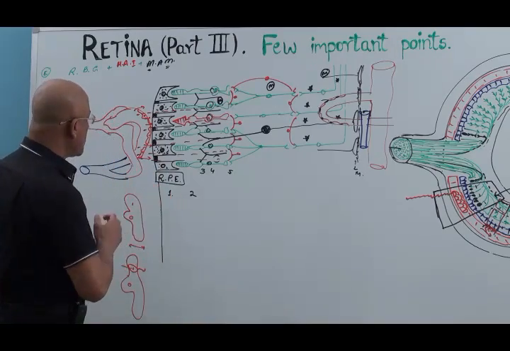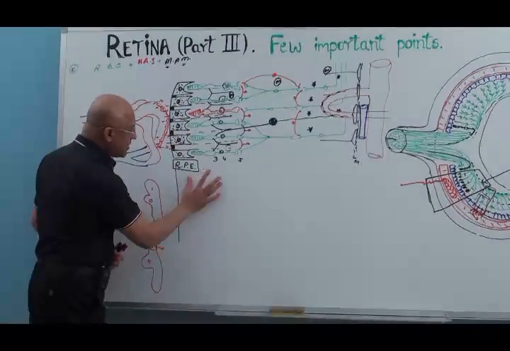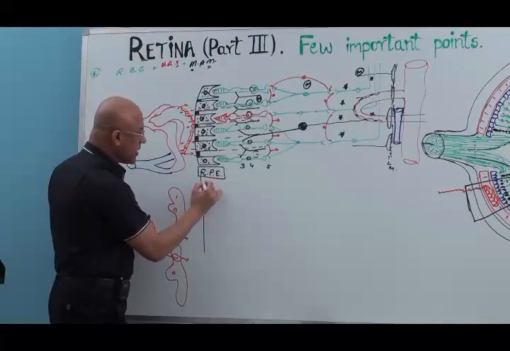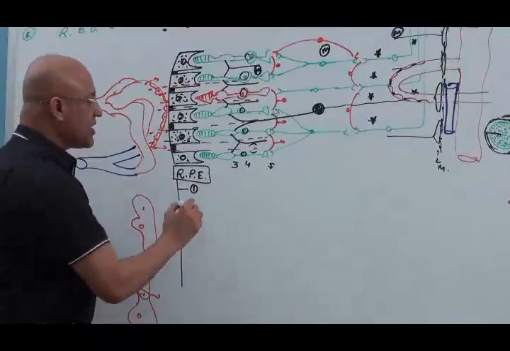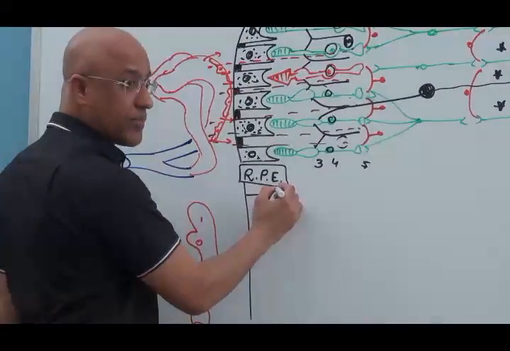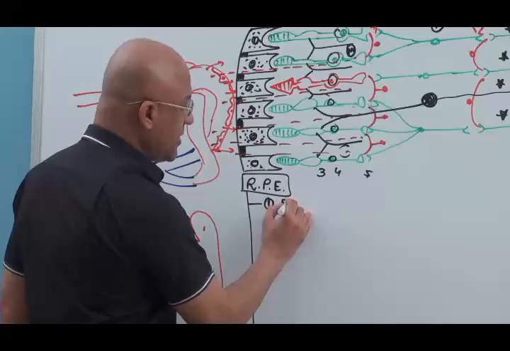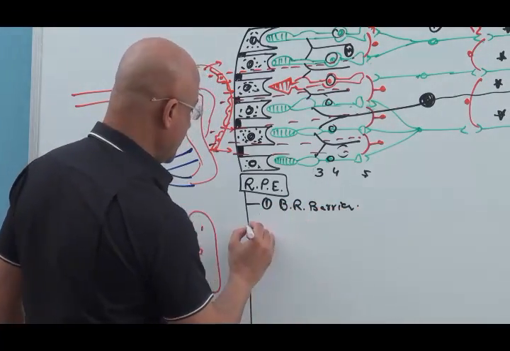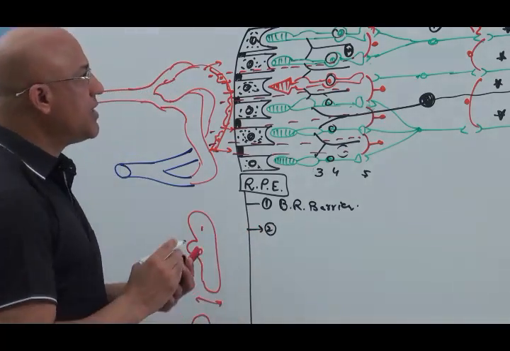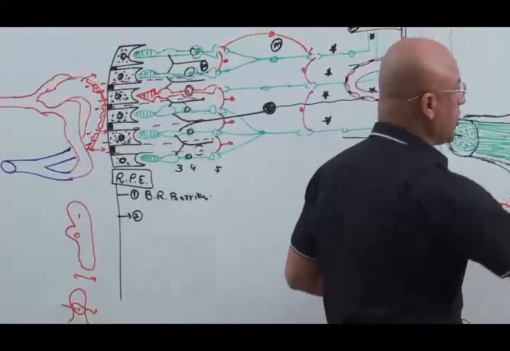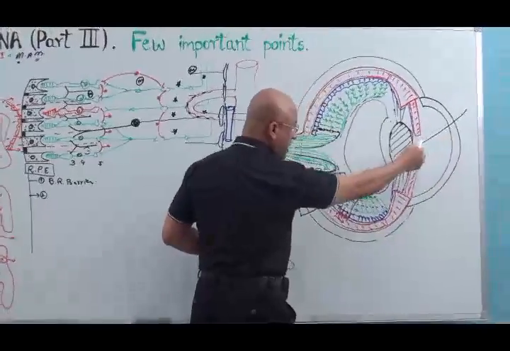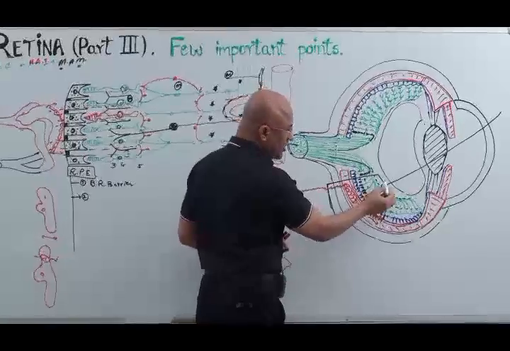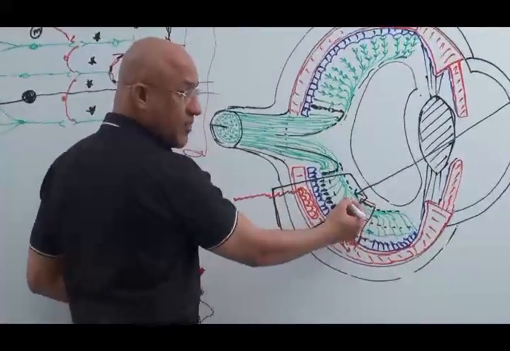There's no question. So we come back to the retinal pigment epithelium. Function number 1 was, yes, what? Blood retinal barrier, right? Then the second function: light is coming from this side. Look, light is coming from outside and hits the inner retina first, then passes through the inner retina, right?